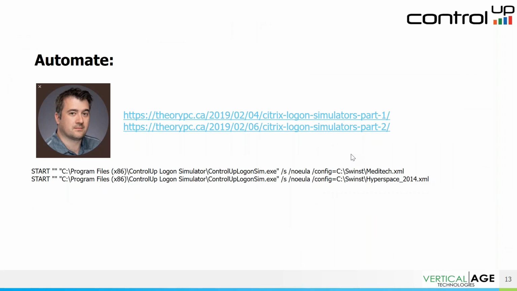Basically it goes through how to set up the auto logins, and then he uses the XML files that you can save from the report to put up a scheduled task, start the exe here, no EULA, and then he's going to launch this XML file, which launches some sort of published resource. And then it does it again. So the key here is to know that you can set up multiple launches or multiple published applications or simulations from the one launcher that you have.